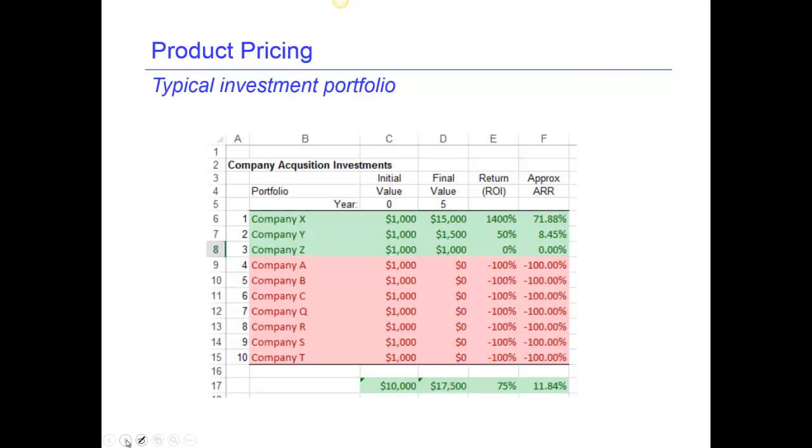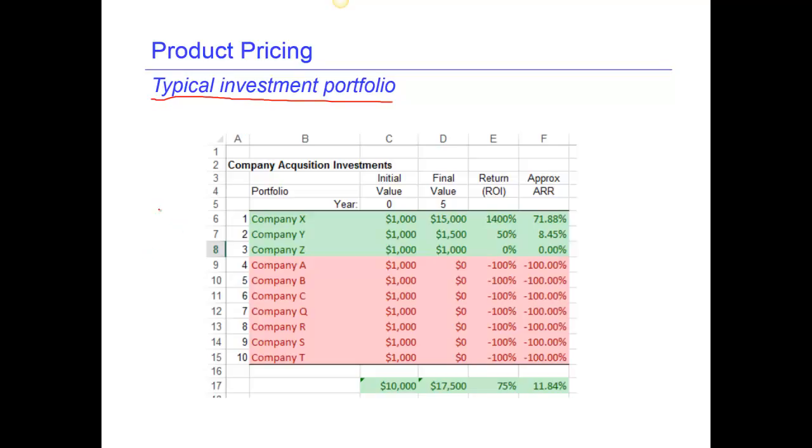If we stop for a minute and think about investments in products and what it takes to bring things to market, we have to think in terms of a typical investment portfolio. Not all of the ideas, not all of the products, not all the services that we imagine are actually profitable.